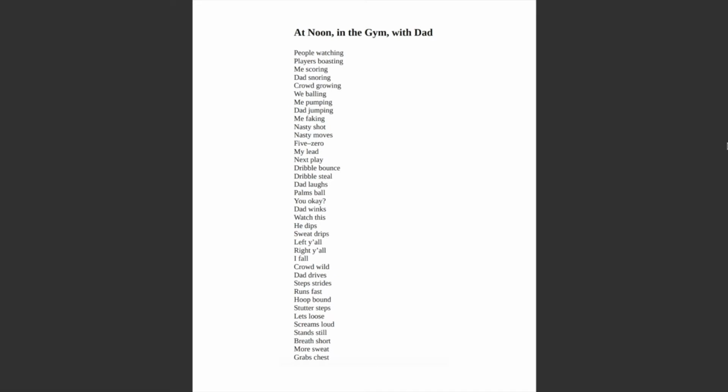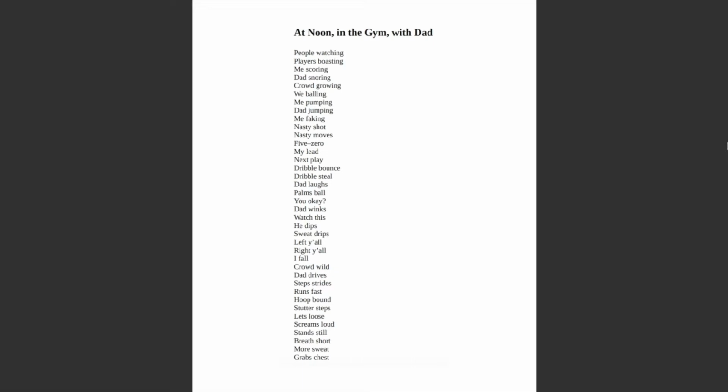People watching, players boasting, me scoring, Dad snoring, crowd growing, we bawling, me pumping, Dad jumping, me faking, nasty shot, nasty moves, 5-0, my lead, next play, dribble bounce, dribble steal, Dad laughs, palms ball. You okay?